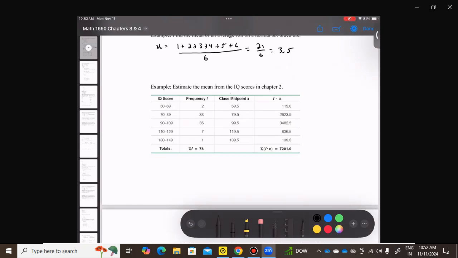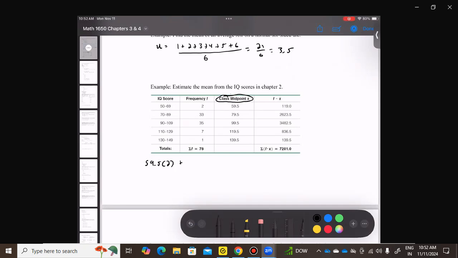And we only have the IQ ranges for each set, so we don't actually have the raw data, so we use the midpoint. We take the midpoint for each one of these and multiply it by the frequency.